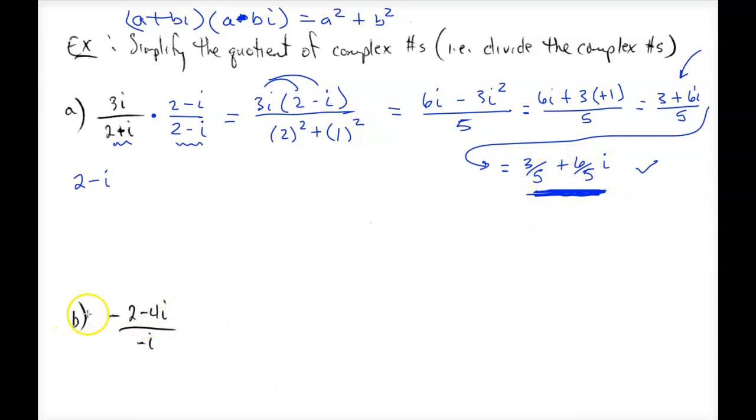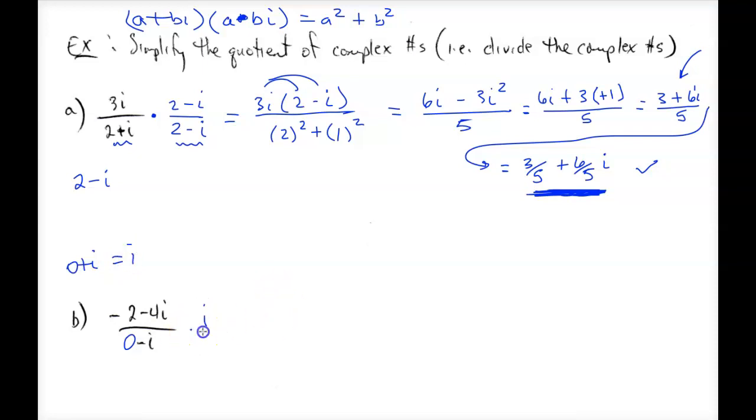All right, so for example B, notice that we have an imaginary number, negative i, which is the same as 0 minus i, complex number wise. Here we know that the conjugate of 0 minus i is just 0 plus i, or simply i.